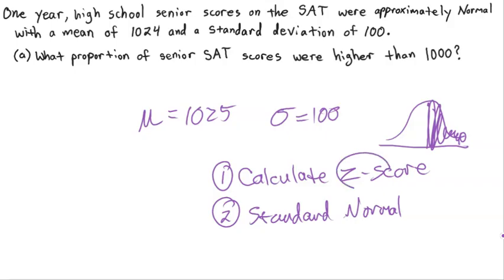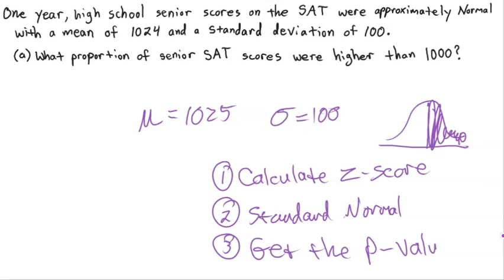Step 2, plug that z-score in to the standard normal, looking for a higher than proportion. And then step 3, get the p-value. That's what we're looking for. The answer here is the p-value. In the ones we did just a few minutes ago, we put in the p-value and it gave us a z-score. Now we're doing the opposite. We're putting in a z-score and we're getting a p-value.